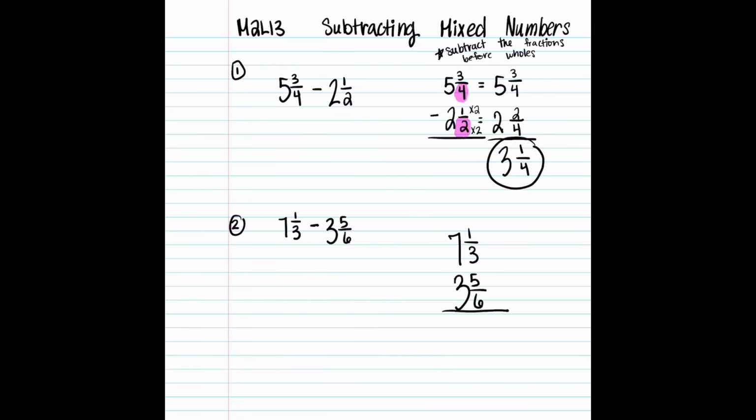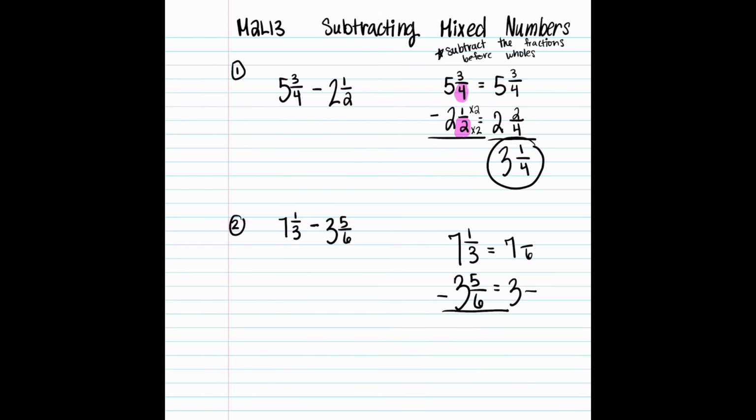So I'm already going to look and see these very obviously do not have the same denominators, so I need to rename those fractions. I'm going to keep my whole numbers, okay, and I'm going to look and see I have 3 and I have 6. I need to find a least common denominator for these. Hopefully we've done this enough, again, that you are thinking 6 is a great denominator.